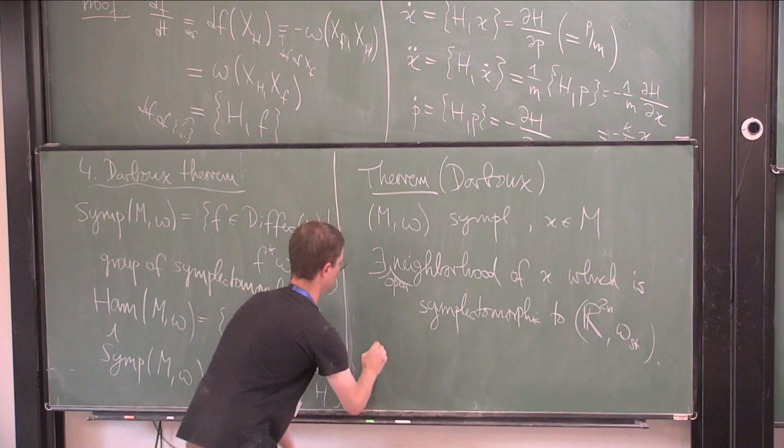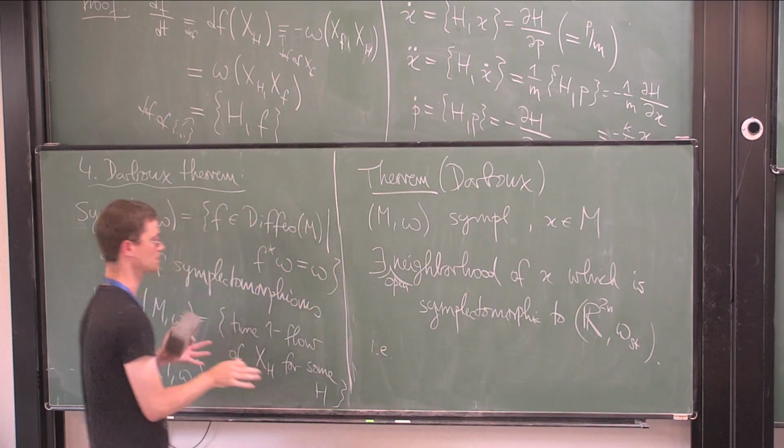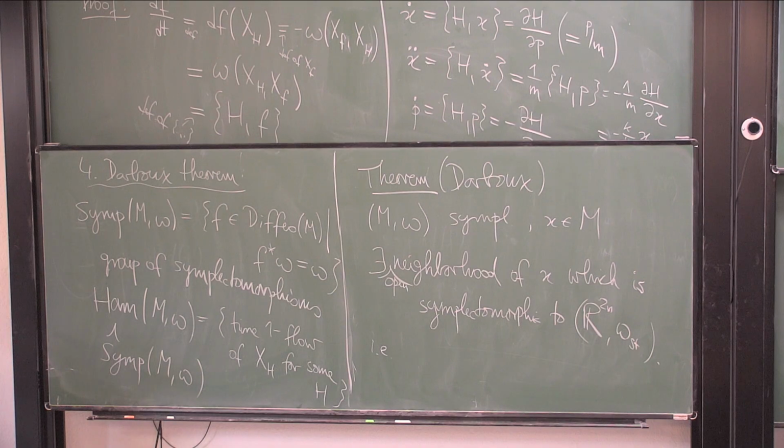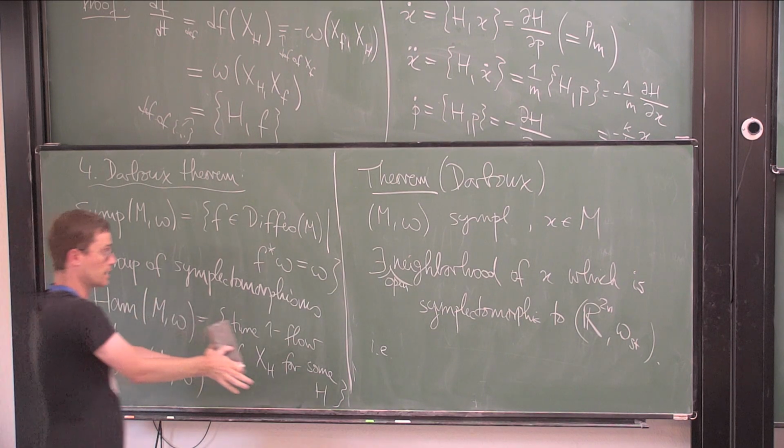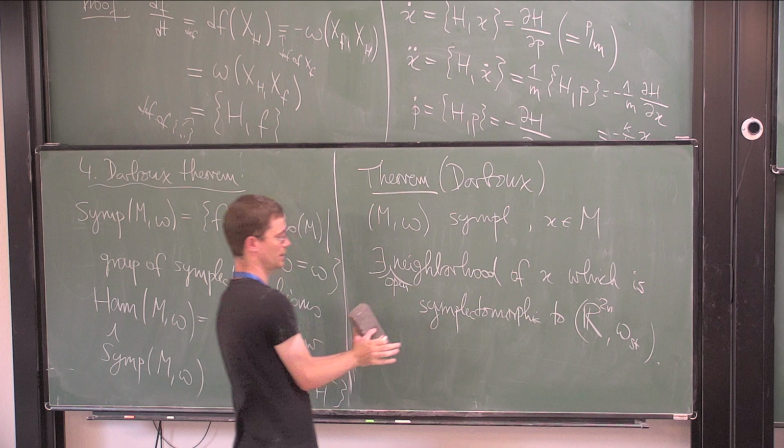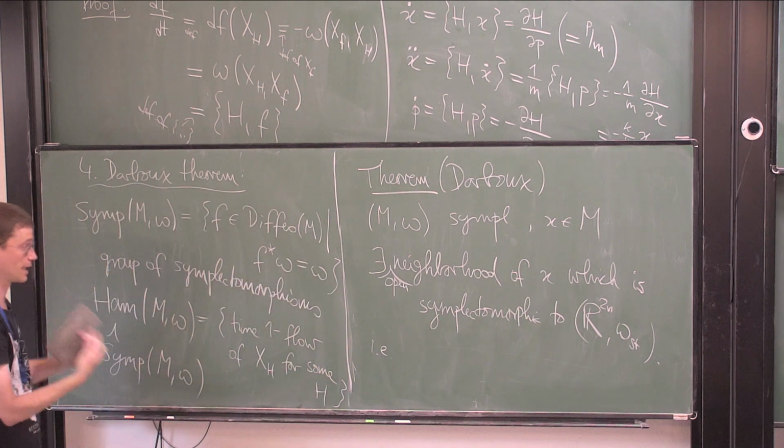In other words, especially from the physics viewpoint, you can choose coordinates around X such that the symplectic form is the standard one.